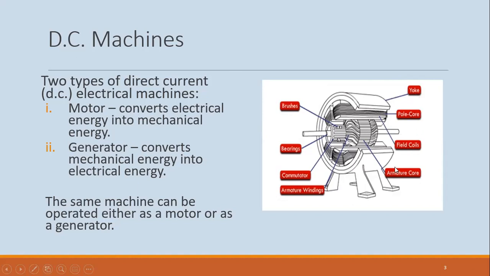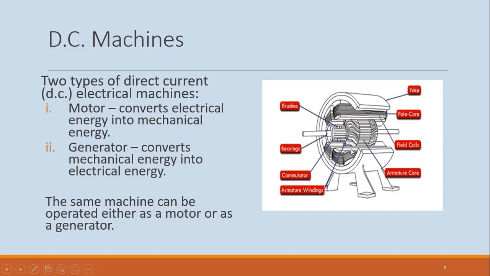So there's an armature with armature windings. The armature, some people call it the rotor because it rotates. But there's actually a definition for armature, and an armature doesn't necessarily rotate every time. In the different parts of the machine, you have field windings around field poles.